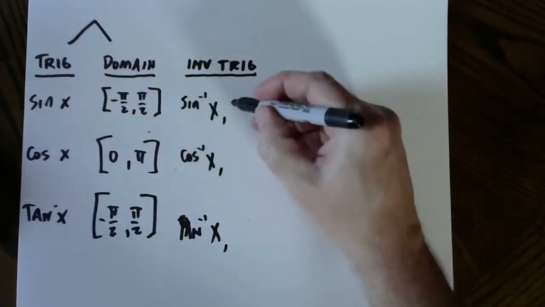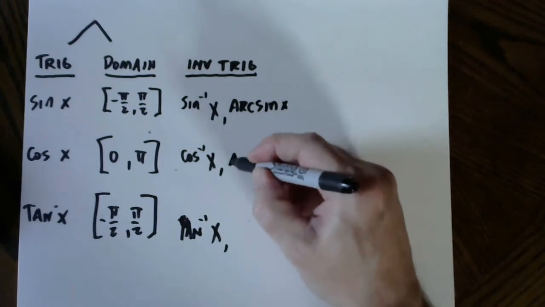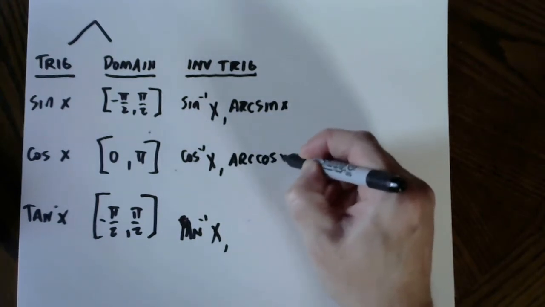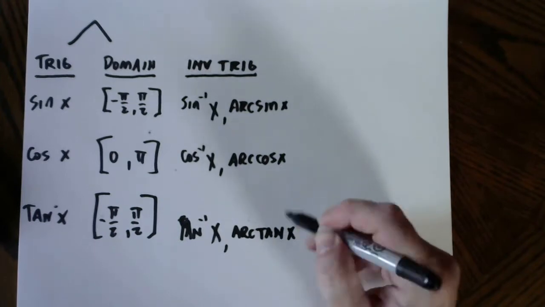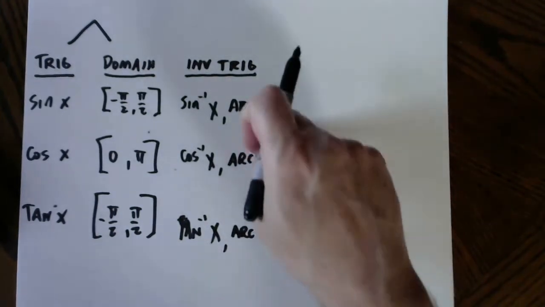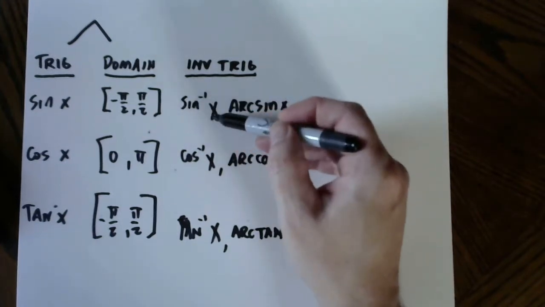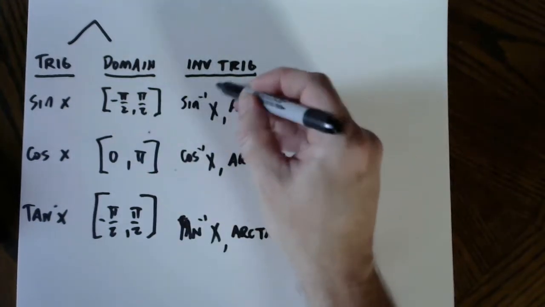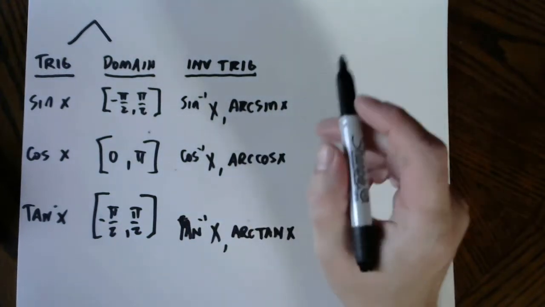It's just a different way to write them. Arcsine, arccosine, arctangent. Personally, I prefer these because they stand out more. This looks almost just like this. This little -1 up here doesn't really pop.